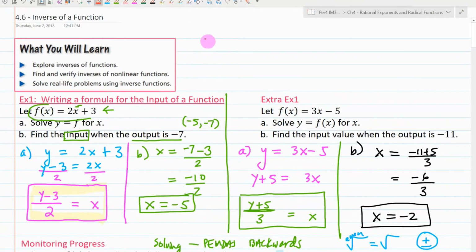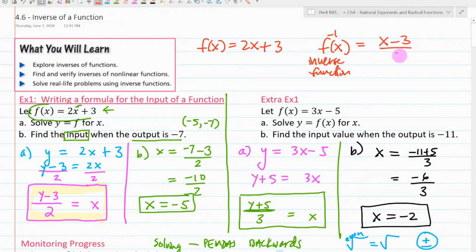So if the f of x function is equal to 2x plus 3, then the inverse function of x is this equation, except the x's and the y's are flipped. Okay, so this is the function, and this is the inverse function.